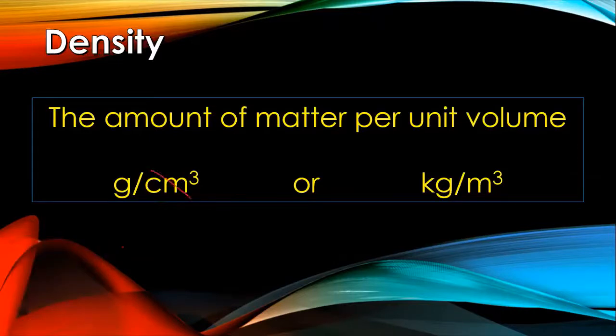Can I replace this with milliliters? Can I change this cubic centimeters to milliliters? So my answer will be grams per milliliter. Yes. That's why I gave you that thing at the beginning.